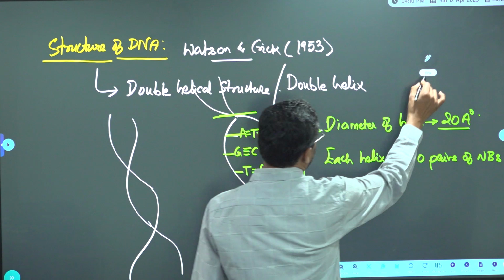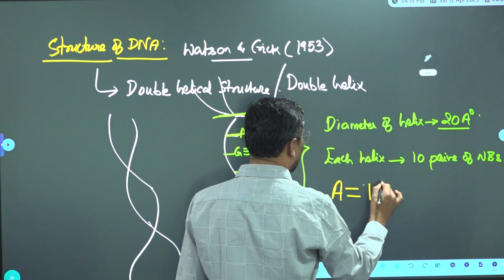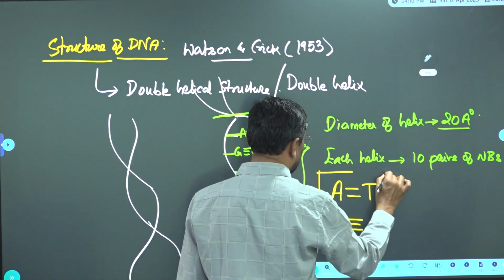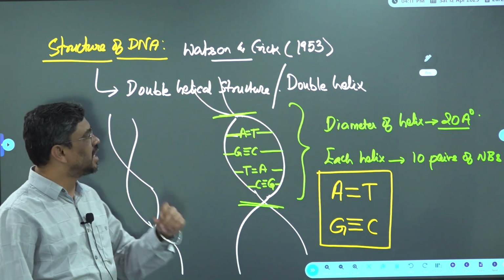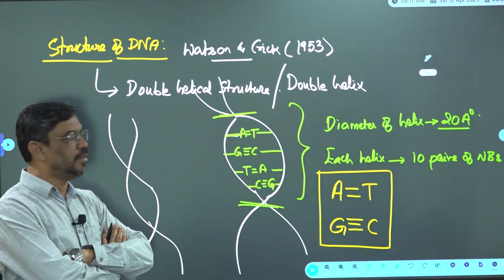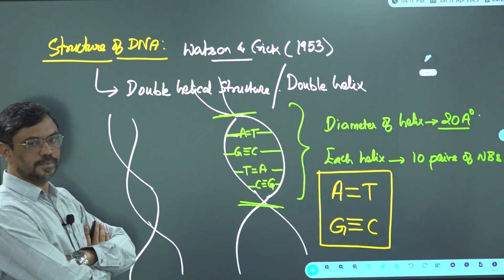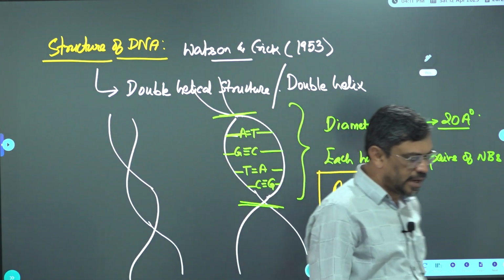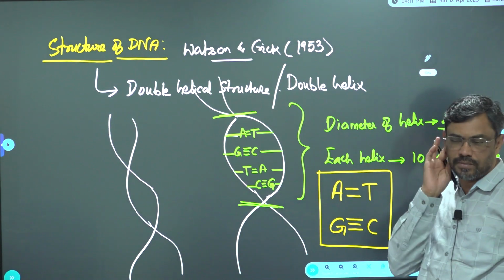According to Watson and Crick, adenine pairs with thymine by 2 bonds, guanine pairs with cytosine by 3 hydrogen bonds. You remember this one. This is the structure proposed by Watson and Crick.